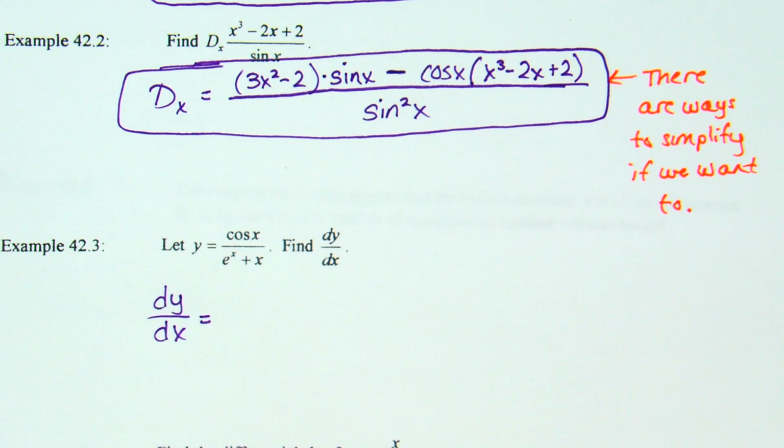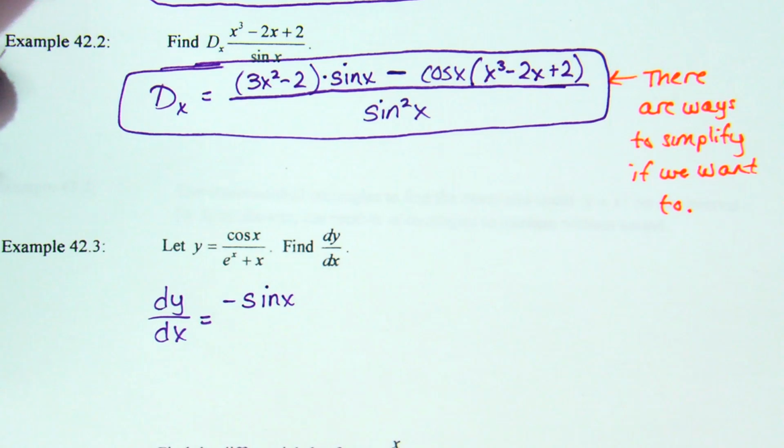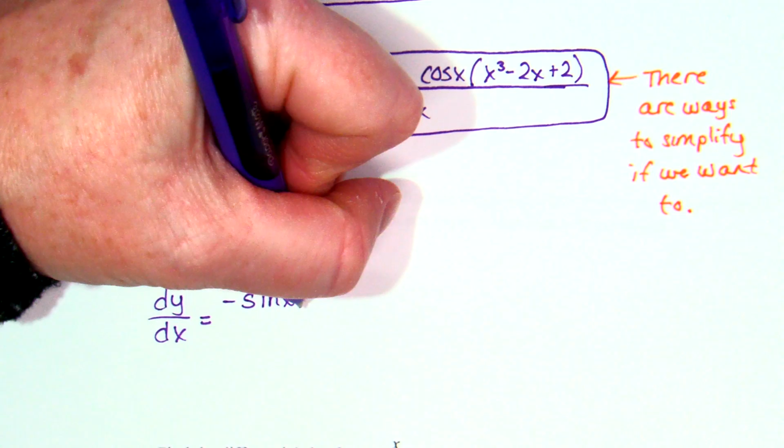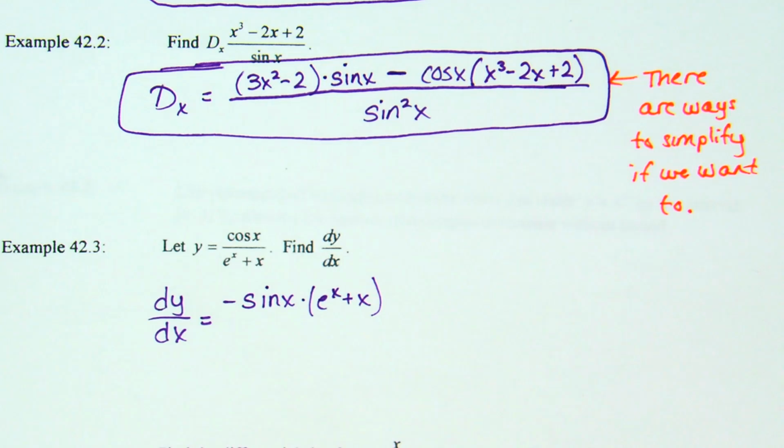Derivative of cosine x. So the derivative of the top is negative sine x, times the denominator as is, so times e to the x plus x. So derivative of the top times the bottom. Then what?